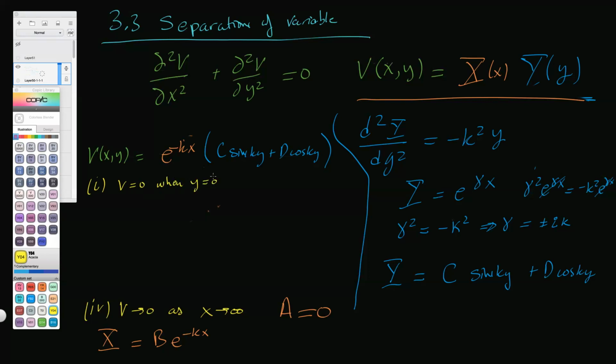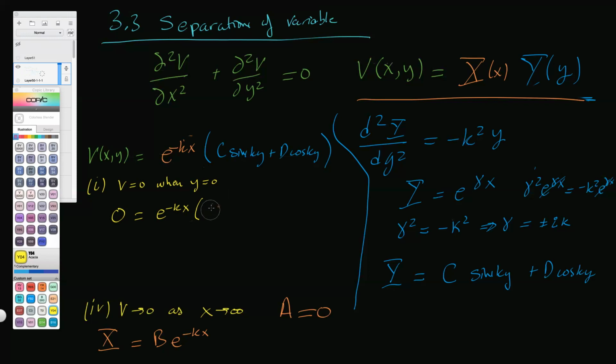So let's set Y equals 0. So we have 0 must equal e to the minus kx, and then C times the sine of 0.